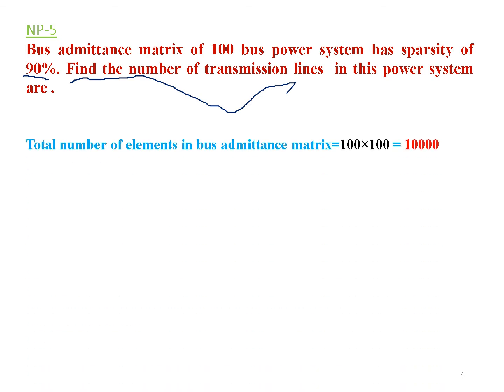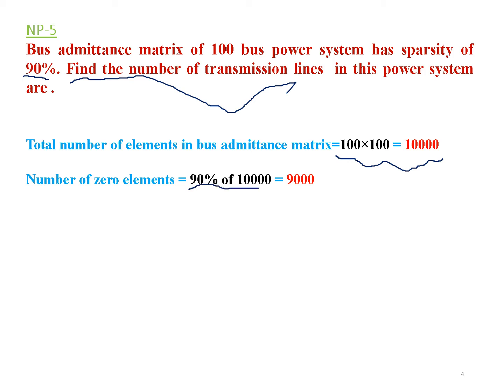So first we have to find out how many elements are present in this 100 bus system, and that should be equal to 100 into 100, that is 10,000. 90% of the element is zero element. So in that way you have to identify the number of zero elements, which is 90% of the total element, that is equal to 9,000.